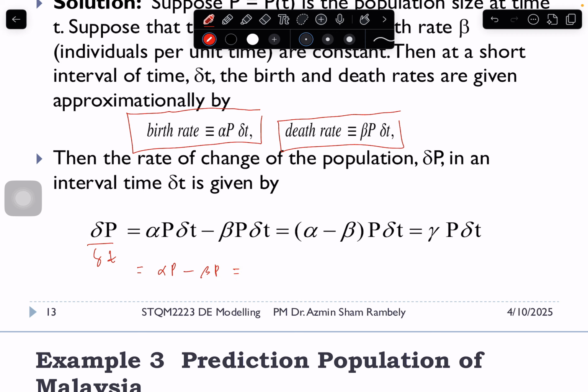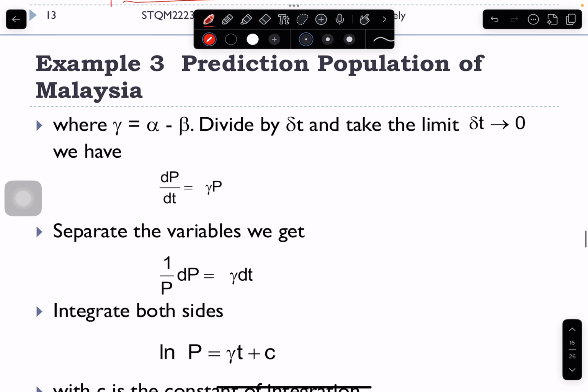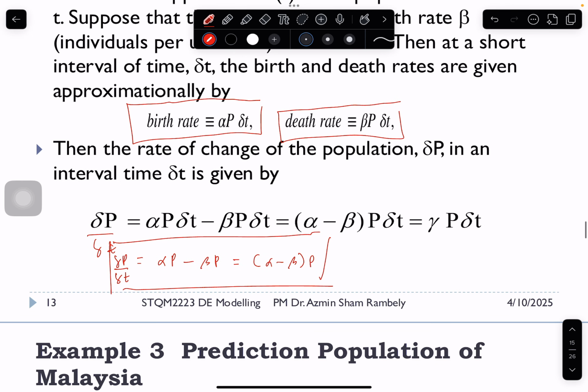Or the change of the birth rate and the death rate is alpha minus beta multiplied by the population. So that is delta p over delta t. So this is the equation for the rate of change of population.